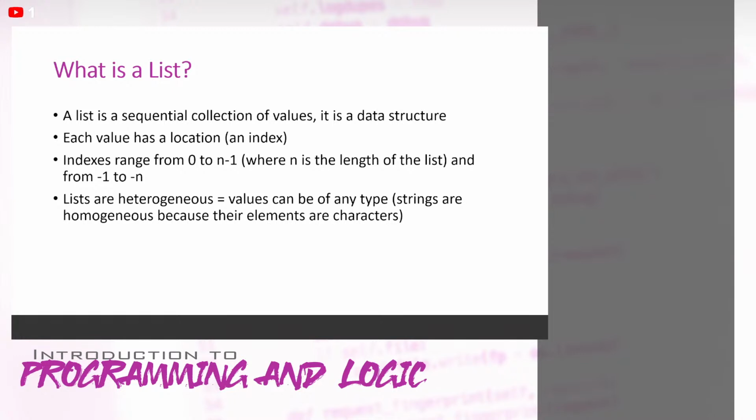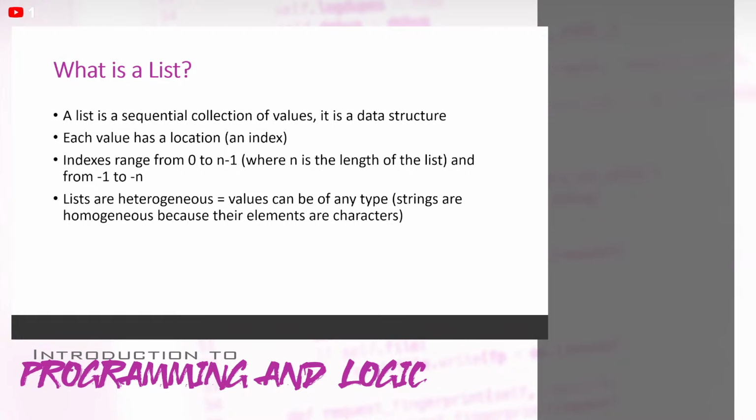But since we start counting at 0 instead of 1, the last item won't be the value of the length of the list. It'll be the value of the length of the list minus 1 because of where we start counting. And then we go from -1 to -n, or the negative length of the list, in the opposite direction.